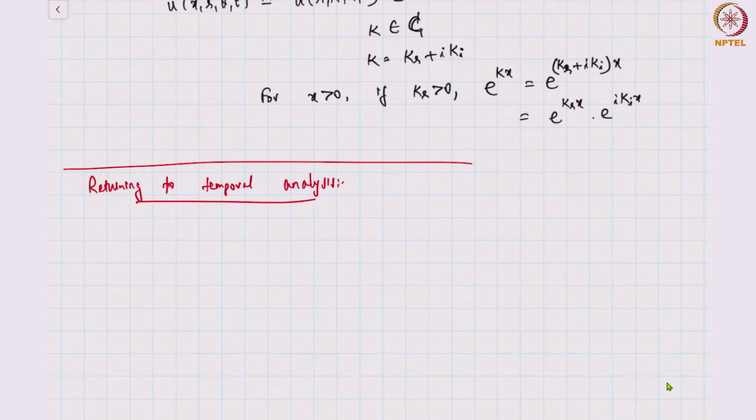What do I have in temporal analysis again? I have u prime is some u hat e power st plus i kx plus n theta. Okay. Now I have to mention one important point. Remember, we are working with linear systems because we have assumed that this u prime is small.